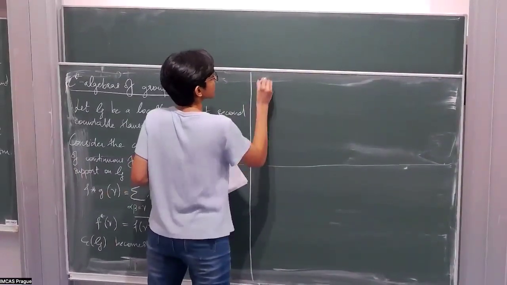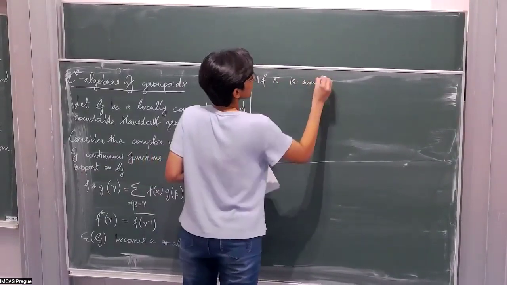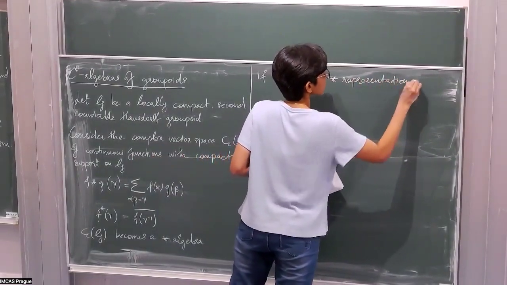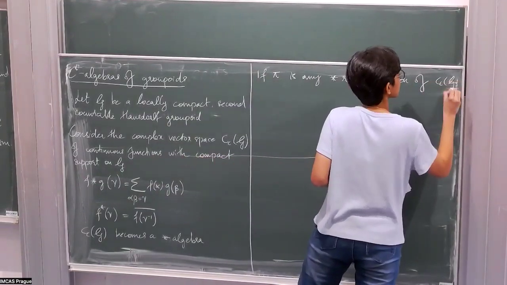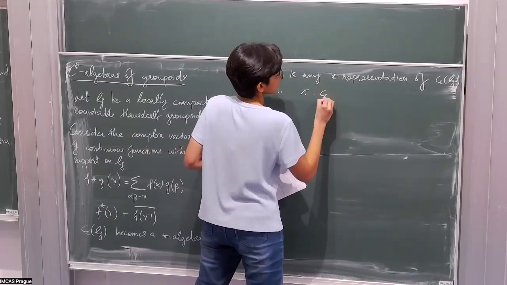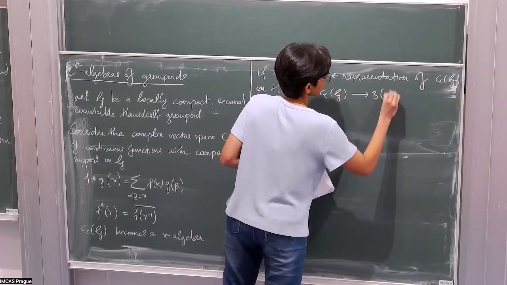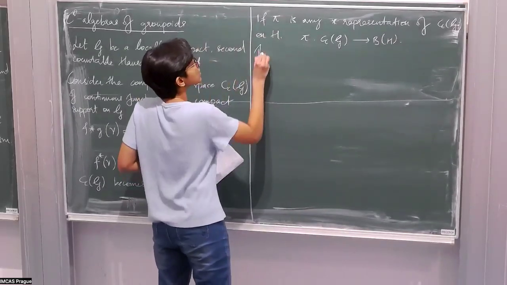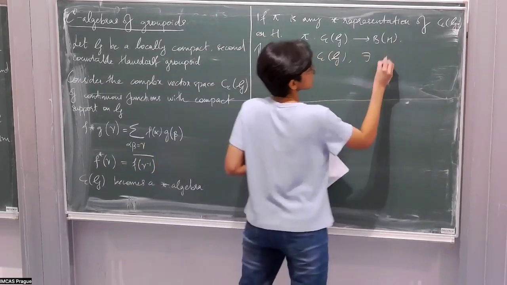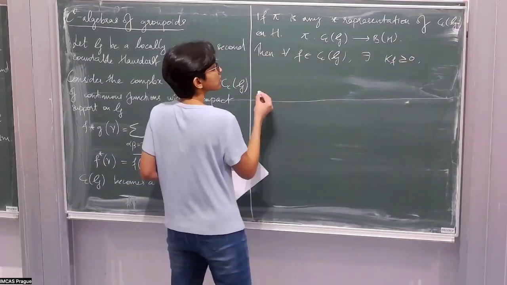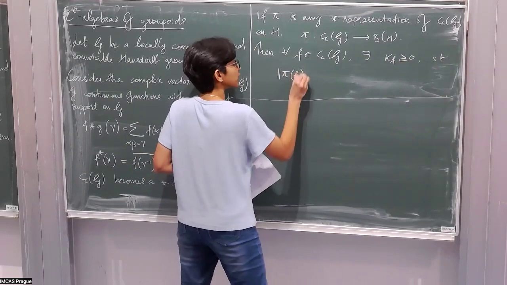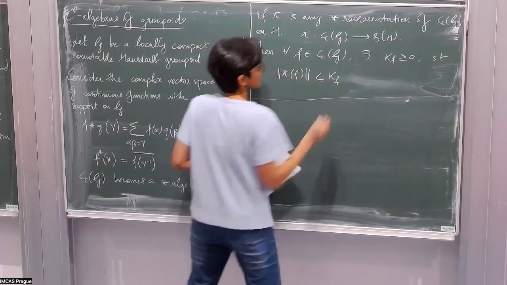And what we notice is that if phi is any star representation of Cc(G) on H, where H is a Hilbert space, that is, we have the map phi from Cc(G) to B(H), then for all f in Cc(G), there exists a constant K_f greater than 0 such that the norm of phi(f) is less than or equal to K_f.